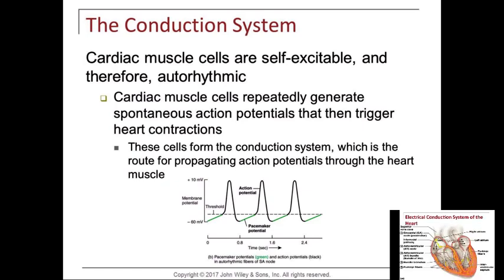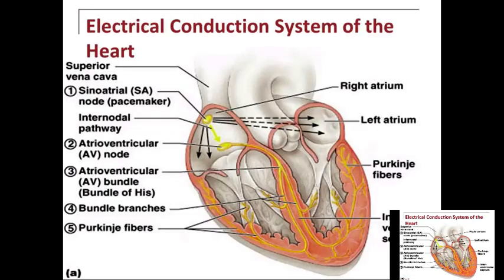So let's show you the conduction system of the heart. I kind of started drawing this out before, where I showed you the SA node right here, and you could see the arrows going into the right atrium and left atrium. So all of the cardiomyocytes are going to get the impulse, and then it's relayed to number 2, the AV node, the atrioventricular node. Now here's the trick.